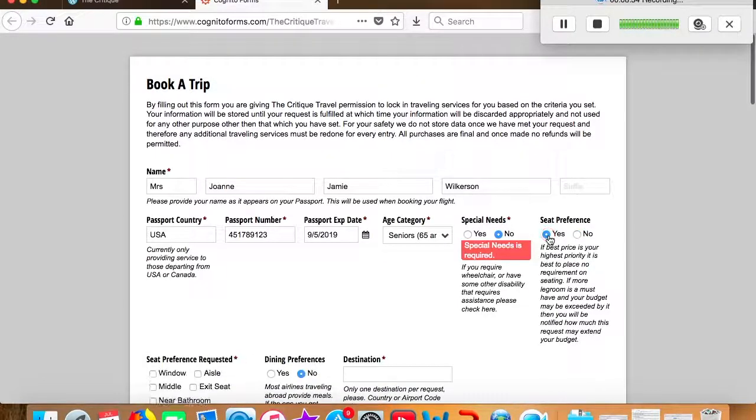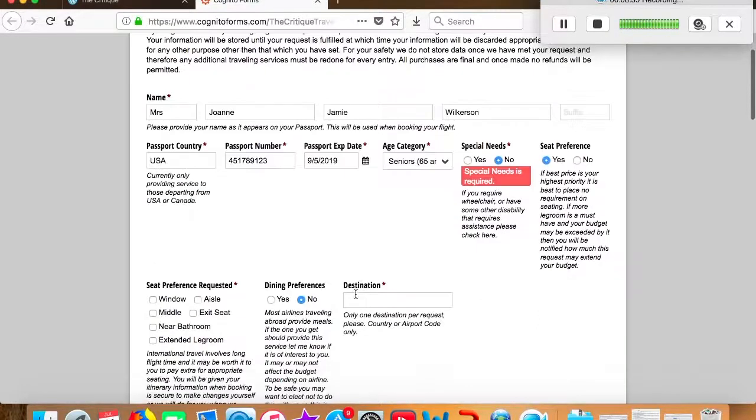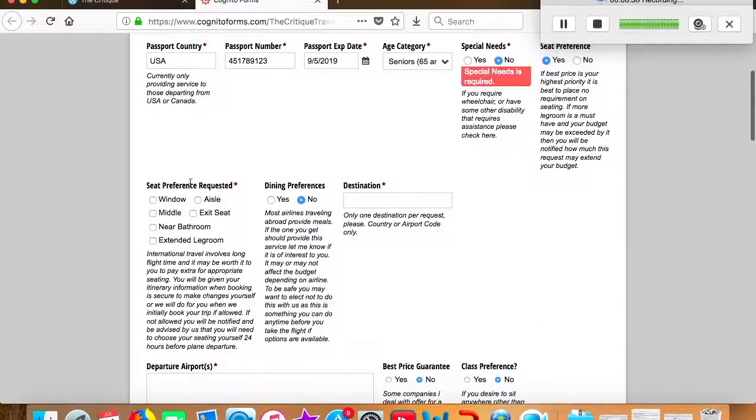And if you click yes, you will see that more options are provided for you. So if you have a seat preference, then click here what your preference is, whether it's a window seat, an aisle seat, a middle seat, an exit seat. If you want to be near the bathroom, if you need extended leg room.